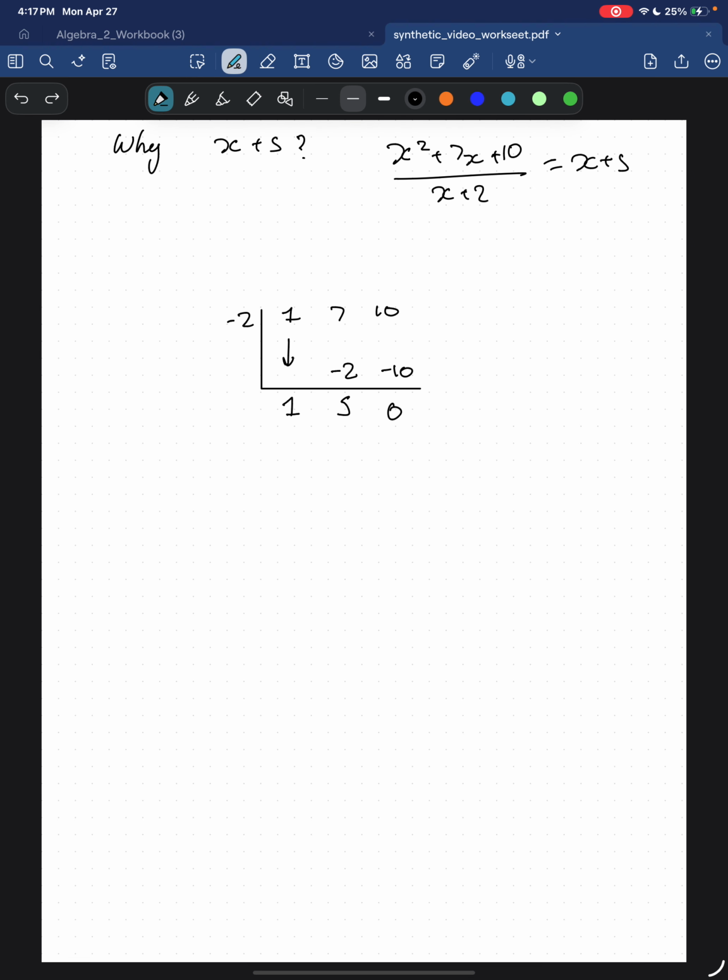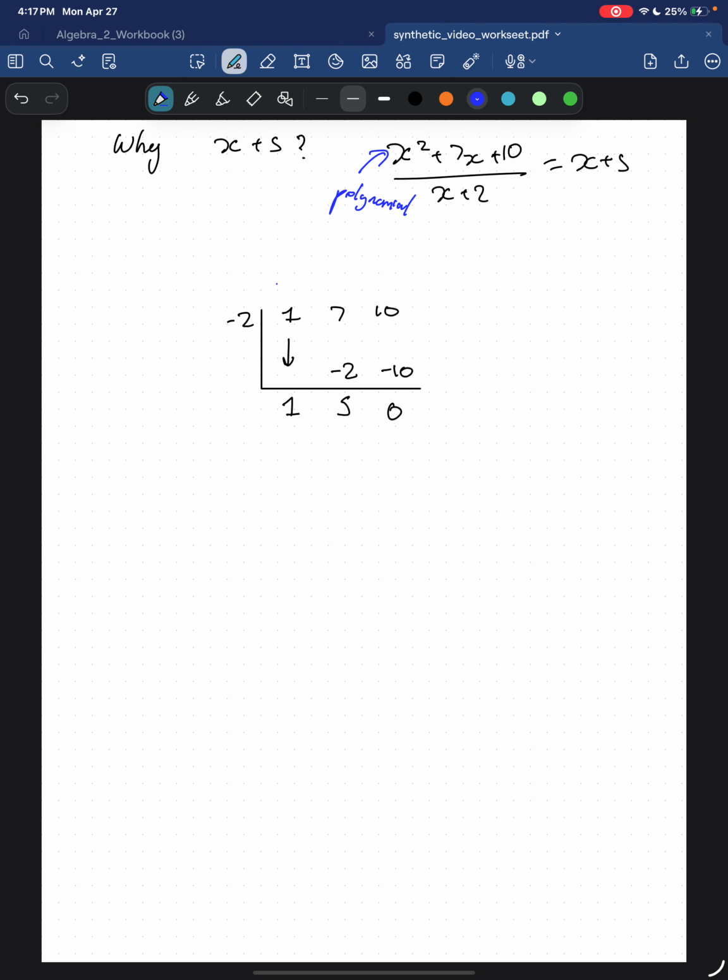And the placeholder value depends on the largest degree of the polynomial. So here, our polynomial in the numerator has a degree 2. I hope you agree with me.